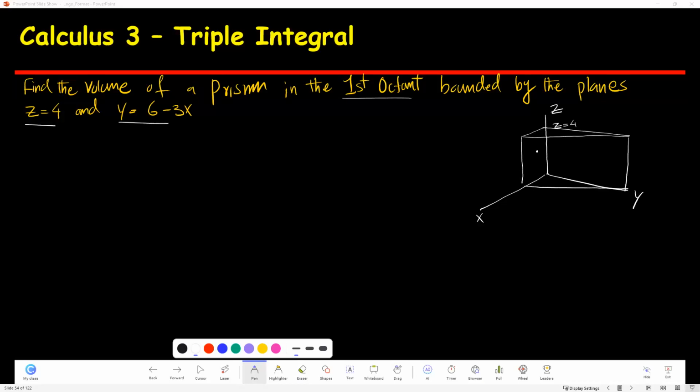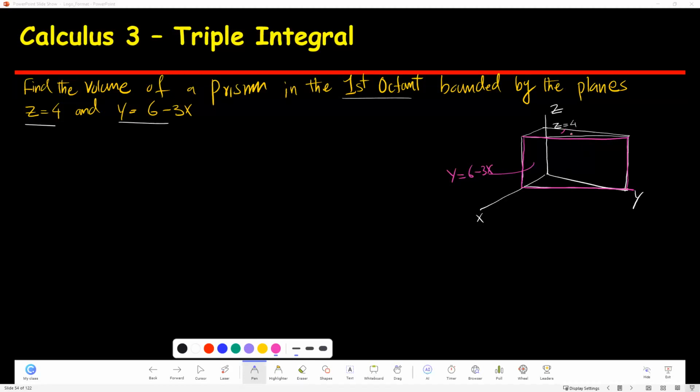The front face, the face toward us, which is the pink color face, has the equation y equals 6 minus 3x. The top plane we already talked about: z equals 4.